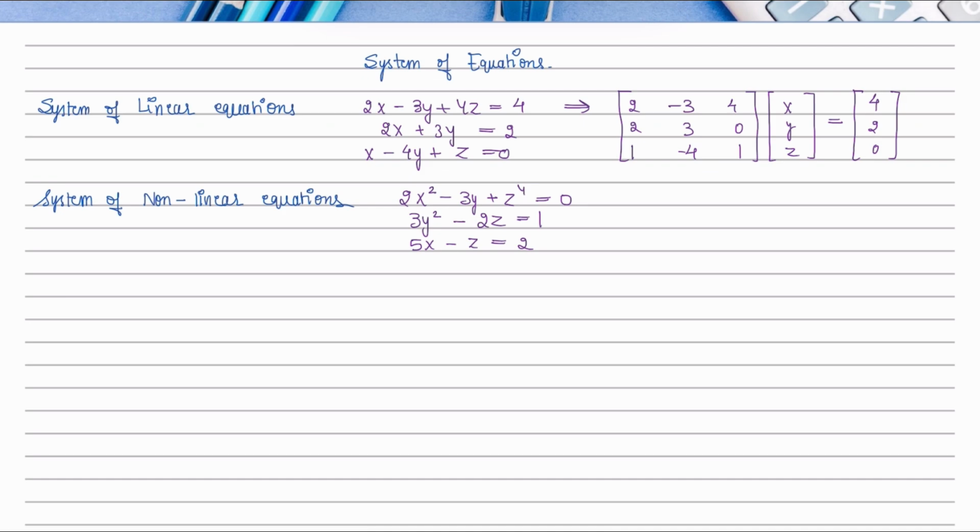Finding the solution for the linear system of equations is quite simple. Let us discuss how to find the solution for the system of non-linear equations.